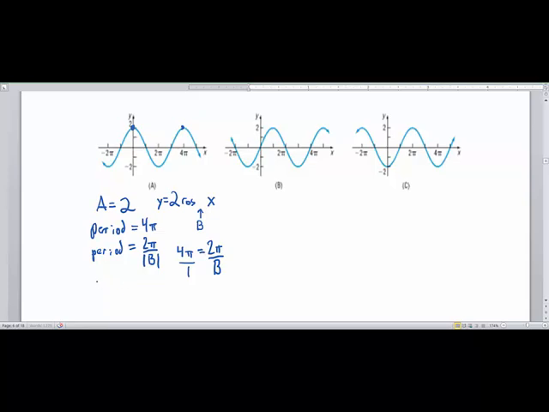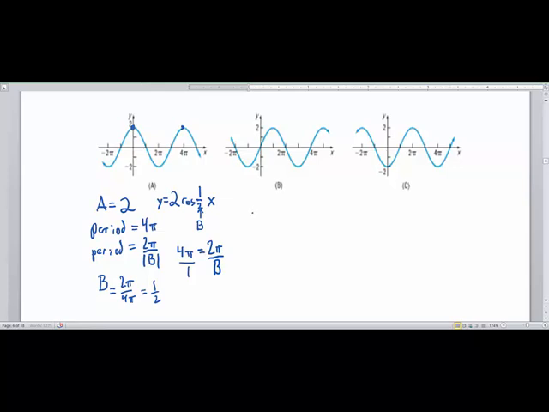So I can rewrite this as b over 1 is equal to 2 pi divided by 4 pi. And then I can just simplify 2 pi over 4 pi. Pi divided by pi is 1, and 2/4 simplified is 1/2. So my answer for this problem for b is 1/2. And that's my equation for this picture here.